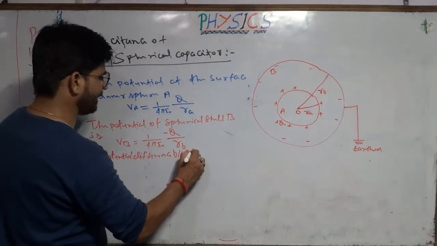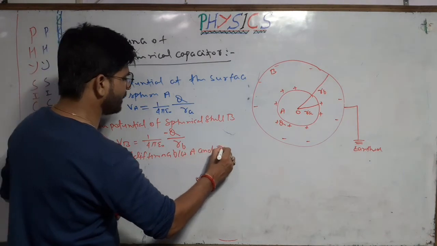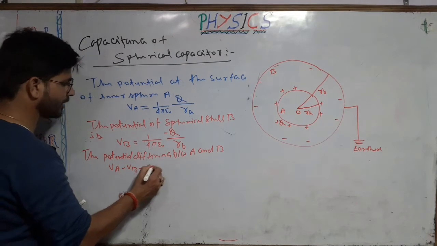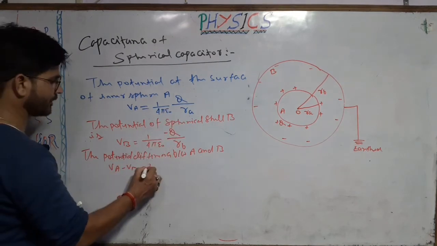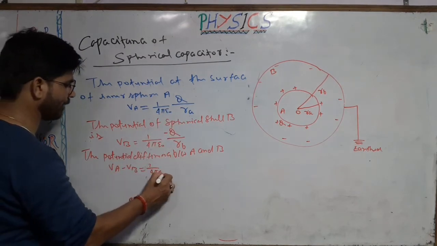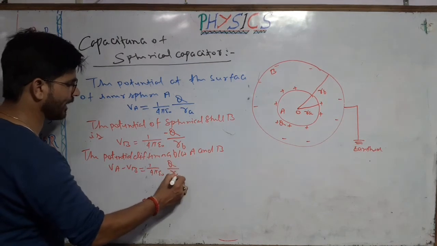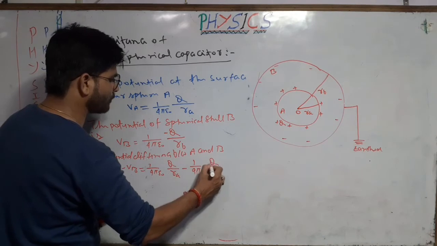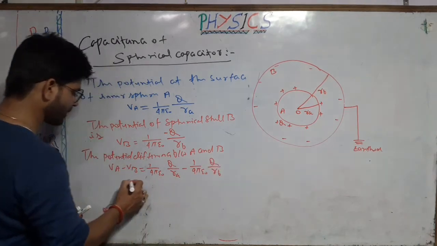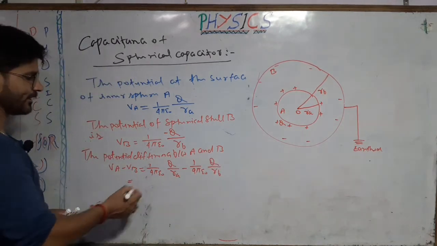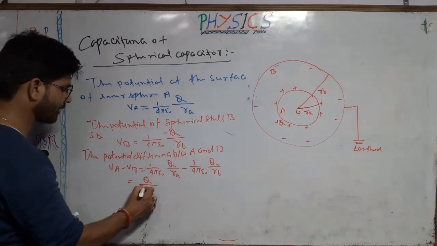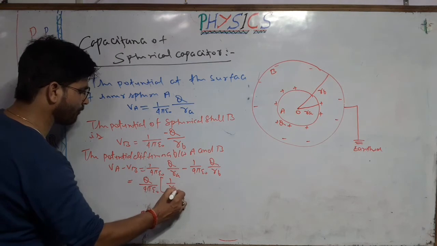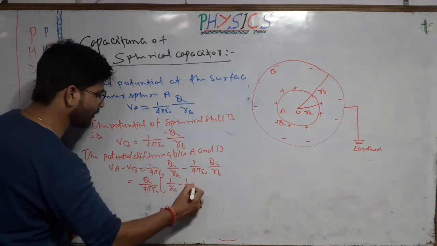The potential difference between A and B is VA minus VB, equal to 1 upon 4 pi epsilon naught Q upon Ra minus 1 upon 4 pi epsilon naught Q upon Rb. We can see here that Q and 4 pi epsilon naught are common. In the bracket we have 1 upon Ra minus 1 upon Rb.